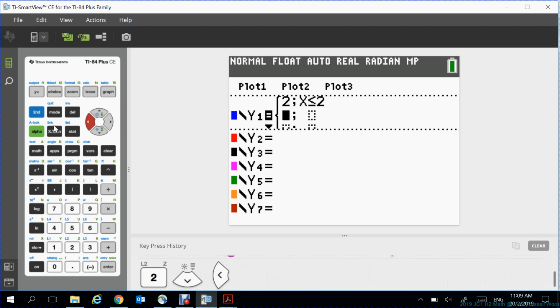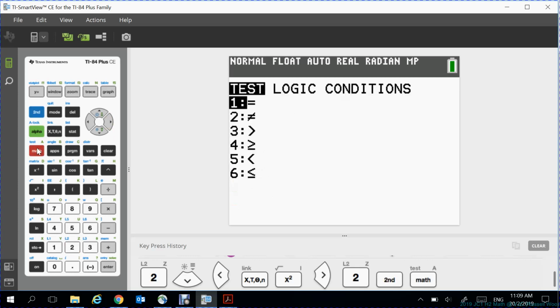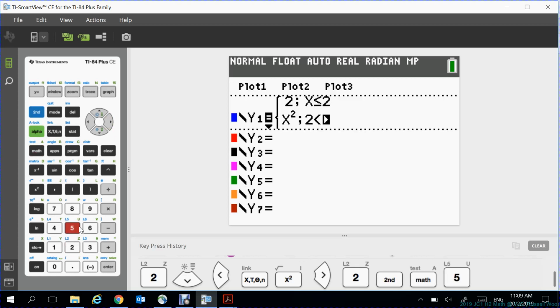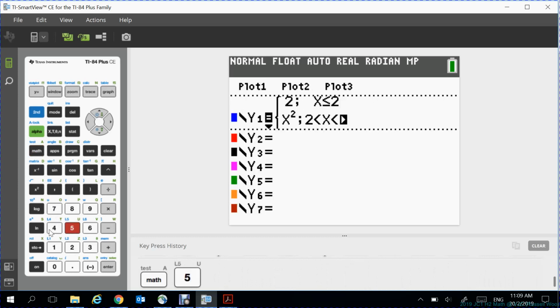Then you key in x squared. Then you key in your x, second test, smaller than, which is 5, 4.